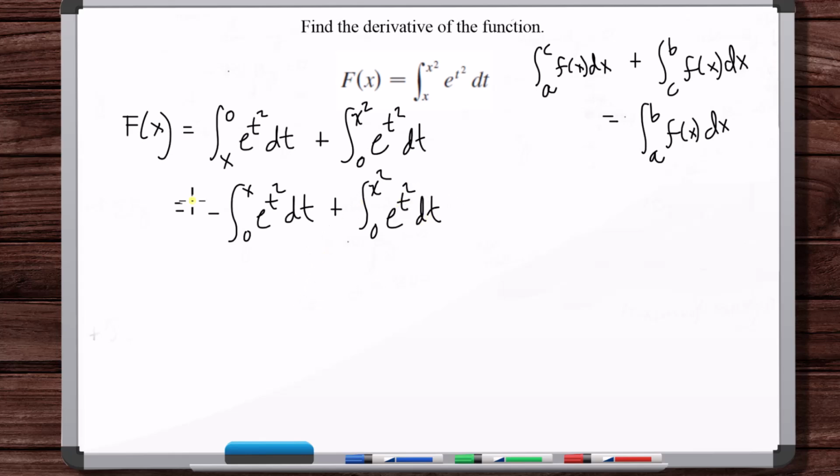Okay, so this, we don't need to use the chain rule. F prime of x here is just e to the x squared. Here we need to say u is equal to x squared. And so du dx is equal to 2x. So we've got, this is minus, so from 0 to x.